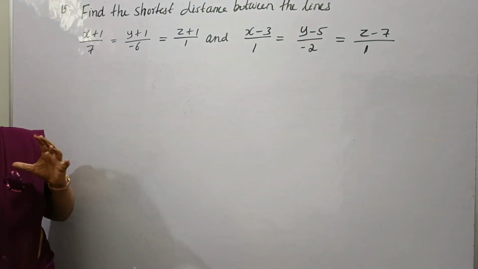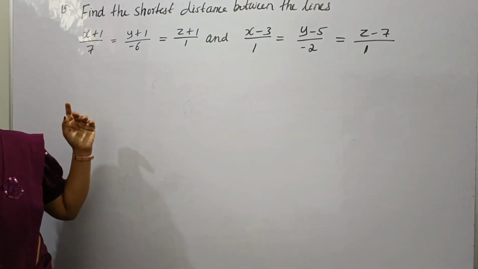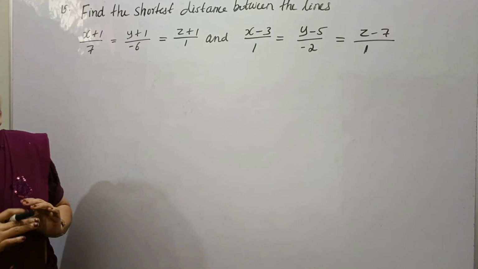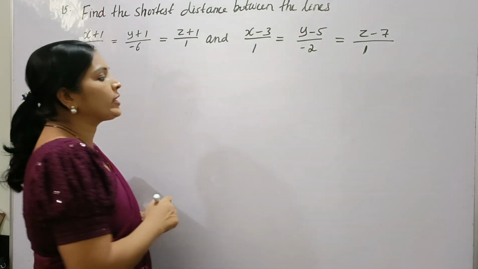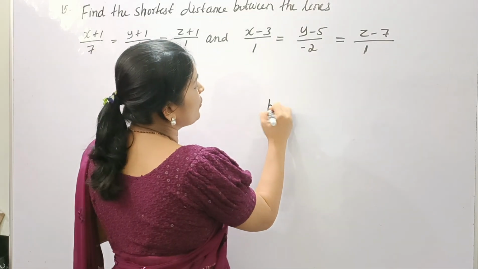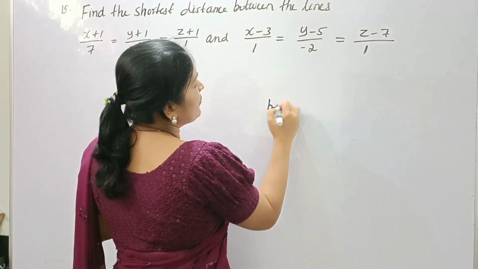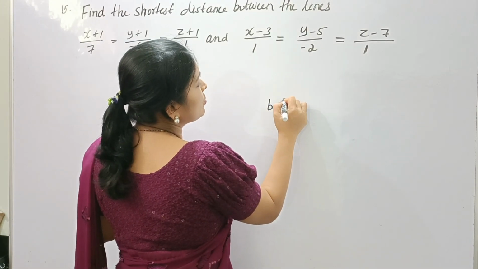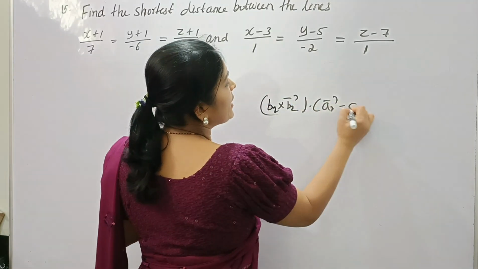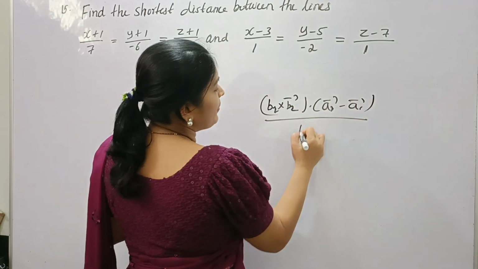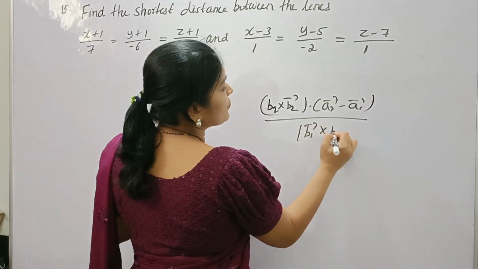So here, I think it is better to apply the second method, so that it is enough to memorize only one formula, that is shortest distance between two lines is vector B1 cross vector B2 dot vector A2 minus vector A1 divided by modulus of vector B1 cross vector B2.